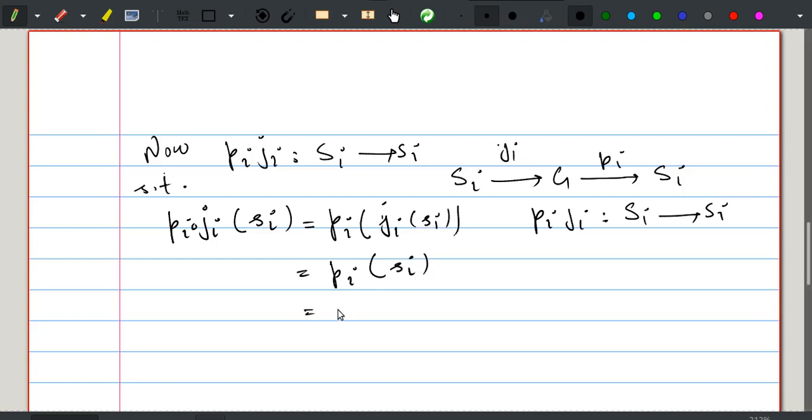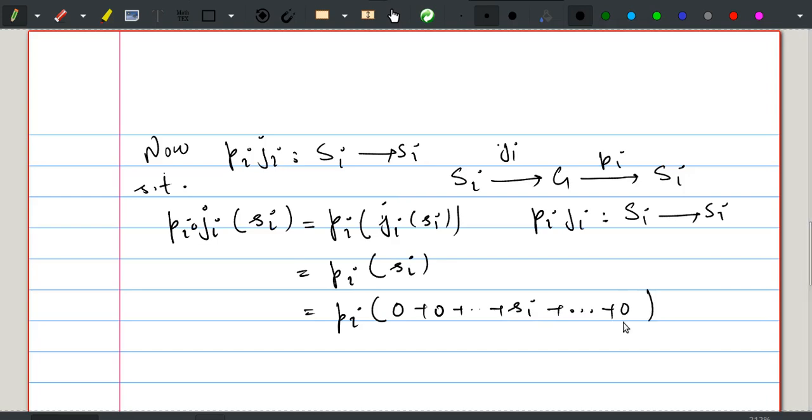Now this si has the expression 0 plus 0 plus so on plus si plus so on plus 0. Now this Pi is the projection map, and this maps this element to the Si component, so this is simply si.